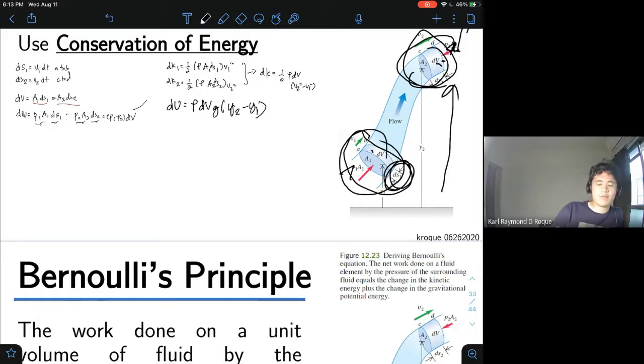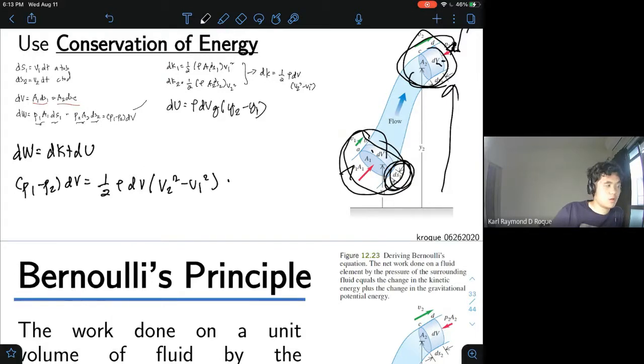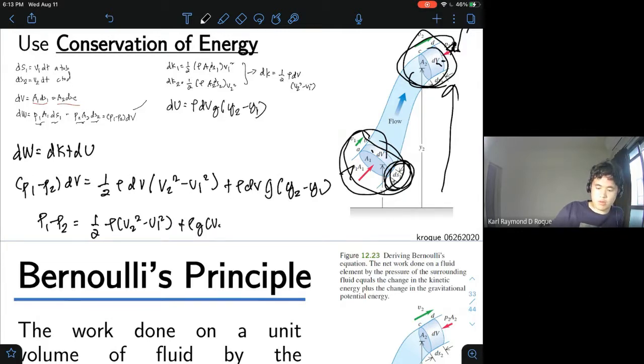Okay, now we put everything together. This is the work-kinetic energy principle, so we substitute everything in and cancel. We're done.